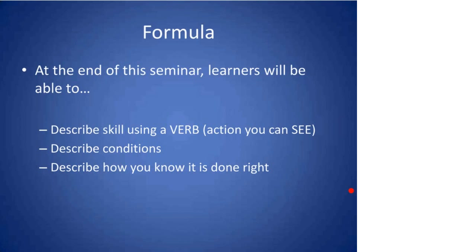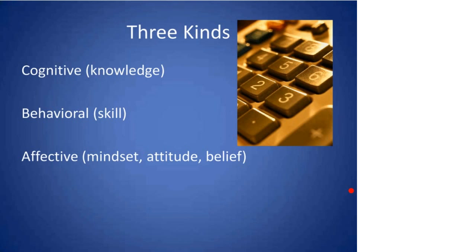So when we're looking at the kind of training we do and the way we build that foundation, there are really three kinds of things that we as Moodle trainers can influence and change through training: the cognitive, the behavioral, and the affective objectives. Cognitive means we are giving material that is knowledge-based.